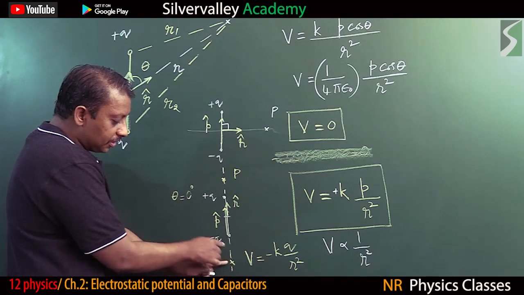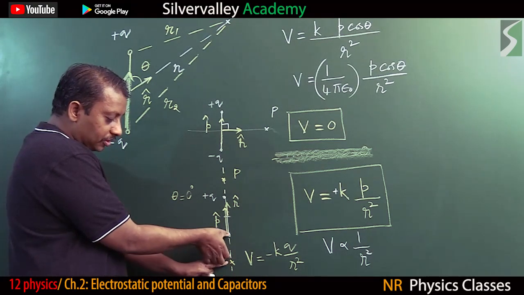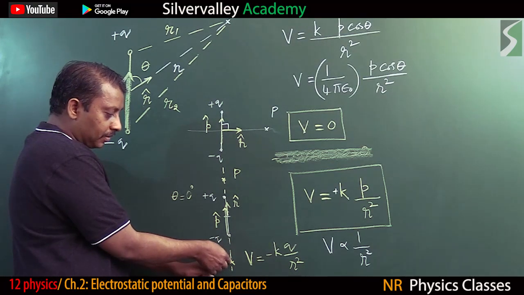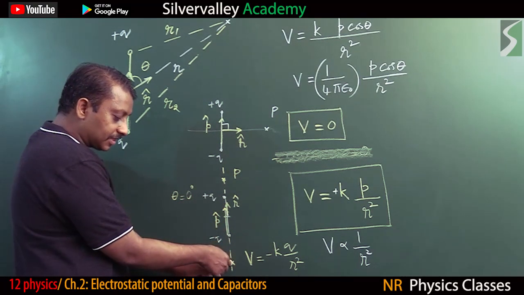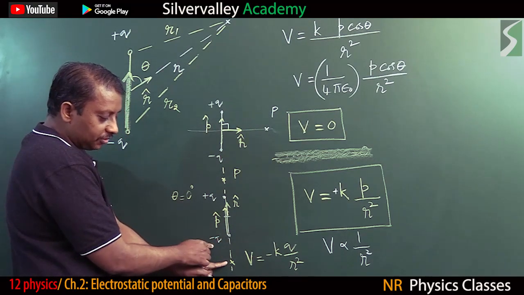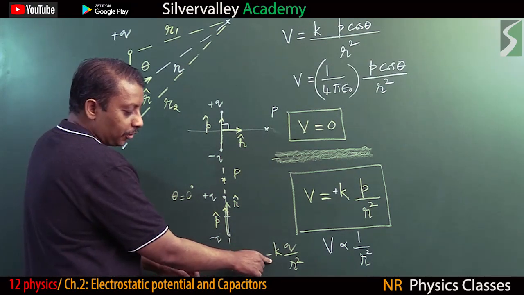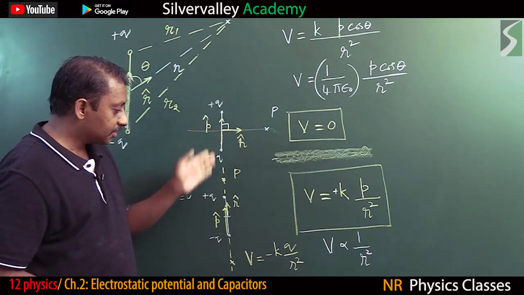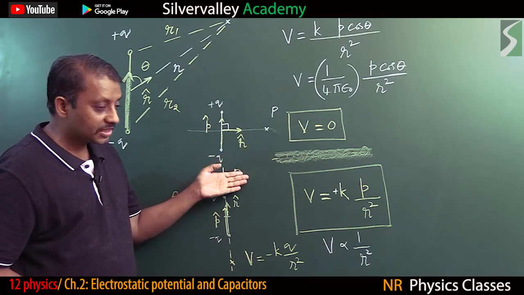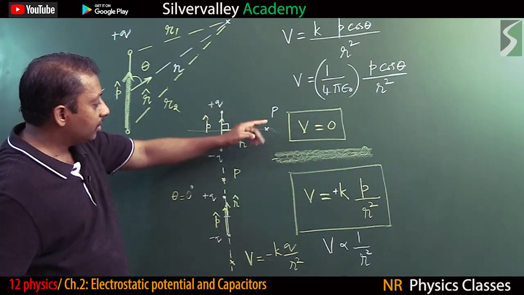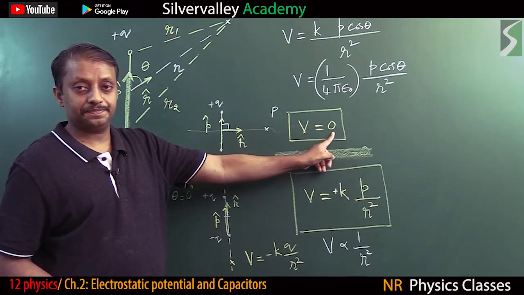It means the influence of negative charge is more, because the distance of the negative charge is less and the influence of the positive charge is less. So net influence is greater for the negative charge. Therefore negative potential. Okay. So potential at any point on the axis can be both plus or minus, but potential on the equatorial plane is always 0.